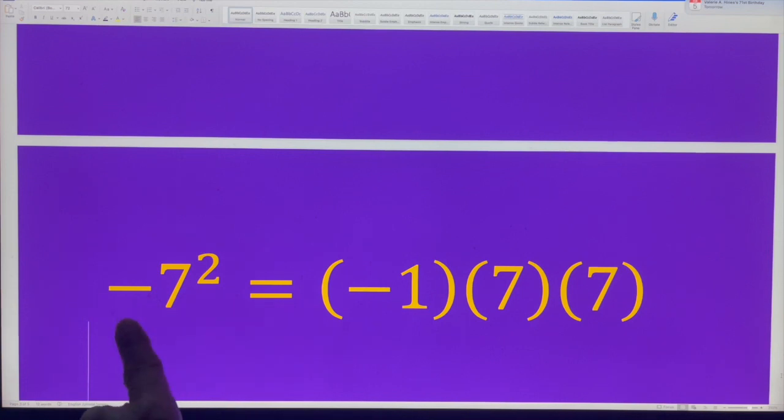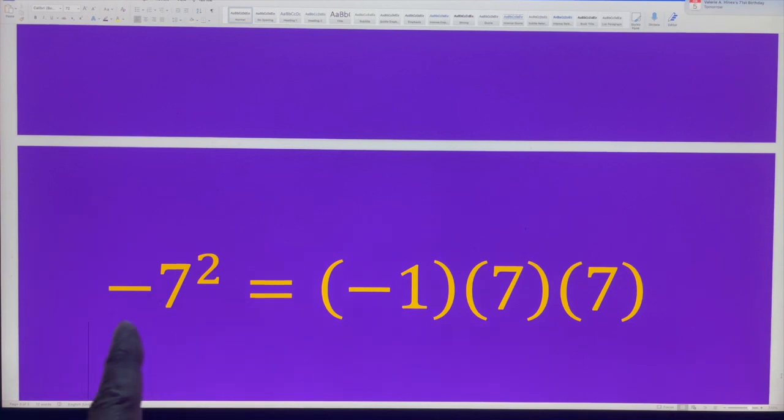There are no parentheses. So guess what? That exponent will impact the 7, but the 7 is all that is affected. The exponent, as written here, has no effect on the negative sign. In fact, the negative sign really is like having another factor of negative 1.